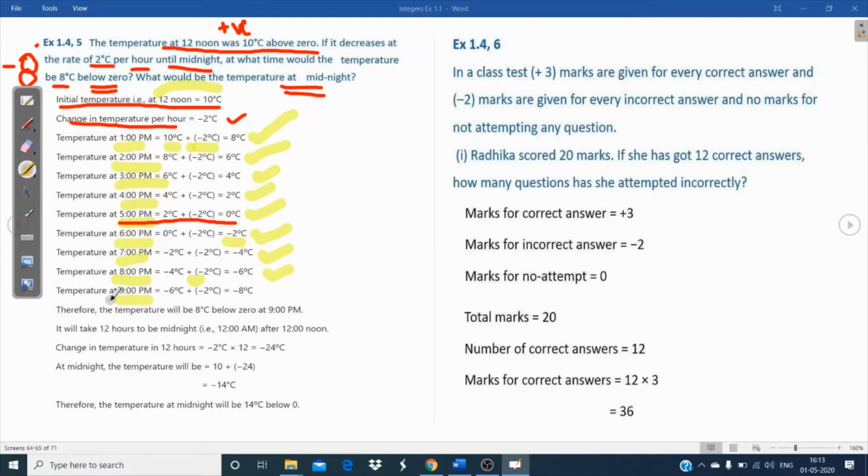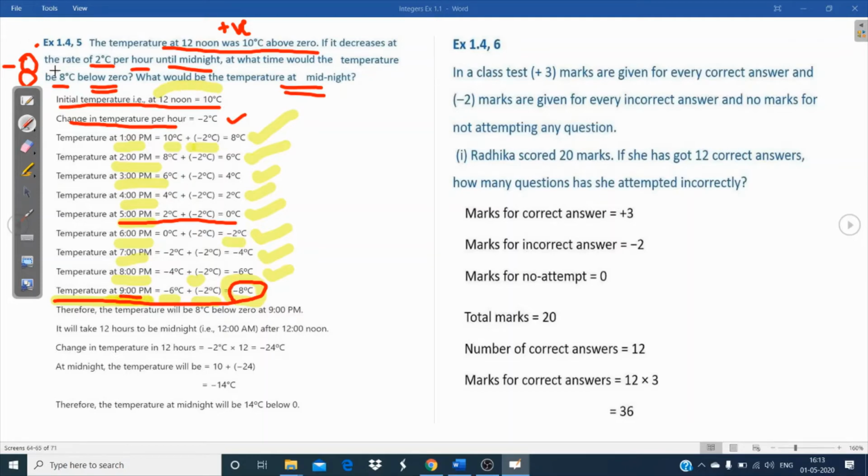Now at 9 p.m., you see, student, minus 6 was the temperature at 8 p.m. That minus 6 plus every hour minus 2, it is decreasing, so minus 6 minus 2, what will it be? Minus 8. So at 9 p.m. our temperature is minus 8 degrees Celsius.